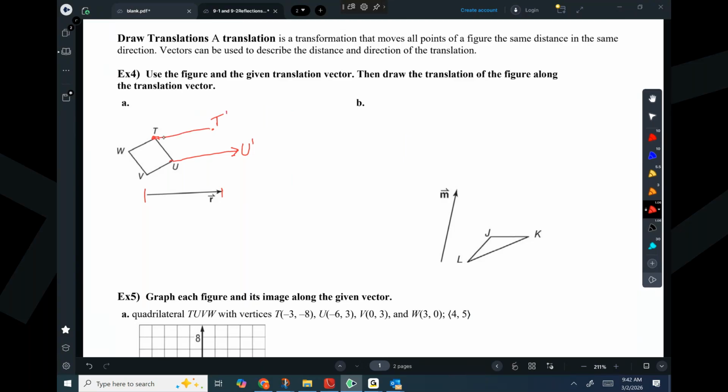All right, there's the translation vector, yeah? And V was there, about here, I think. That's V prime. Can you see the vector I'm using? And that one's going to have the same vector, so about here. And then you can clean it up if you need to. It's actually pretty good. Can you see what happened? So this is my new shape.